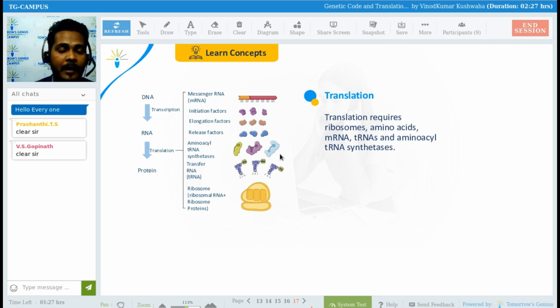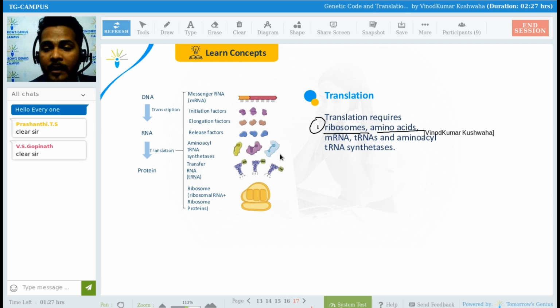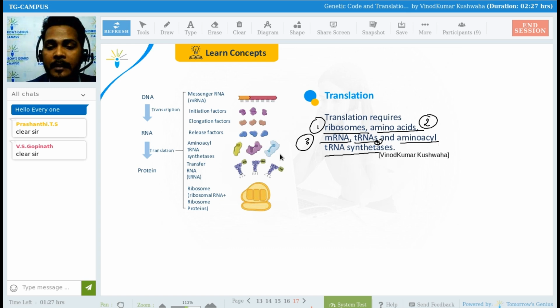Clear? These are the 5 important ones, let me write so it will be clearer. The first is ribosomes, then amino acid, then mRNA, the fourth is tRNA, and aminoacyl tRNA synthetase. So these are a total of 5 important machineries, or tools, required for translation.